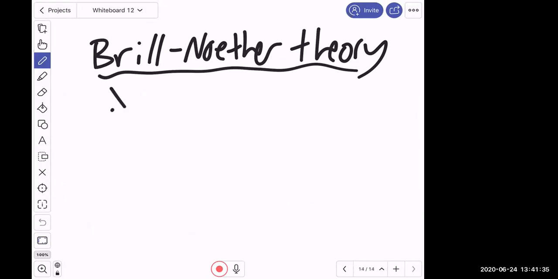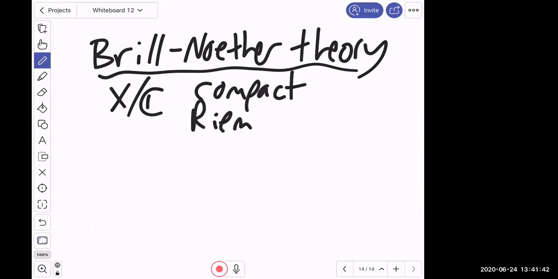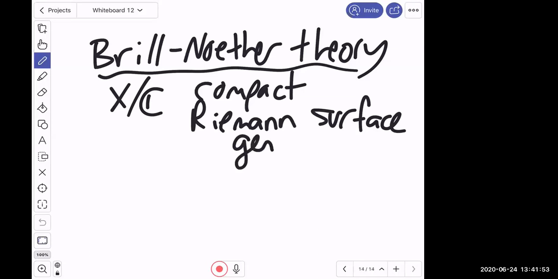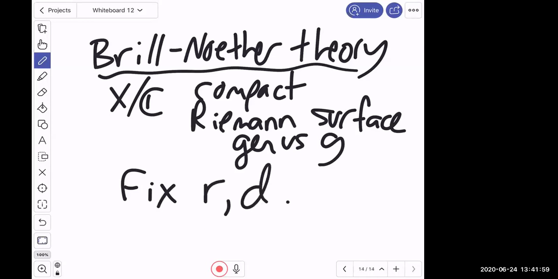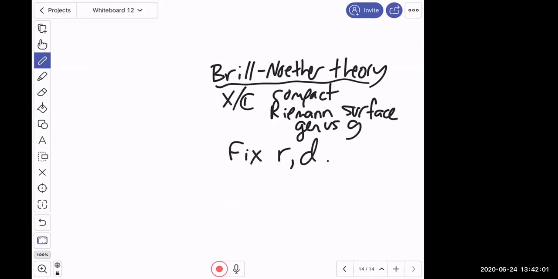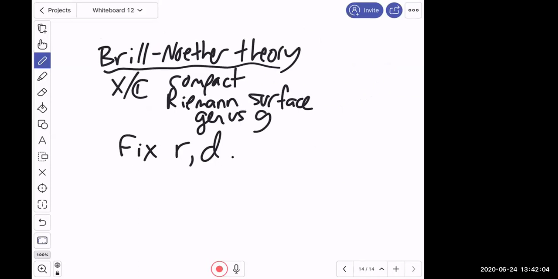Classically, you could start with a compact Riemann surface, which is really secretly another name for a non-singular projective algebraic curve of the type we've been discussing. It has some genus. And you can fix two integers r and d. d will be the degree of some line bundles. r will be a lower bound for the rank.